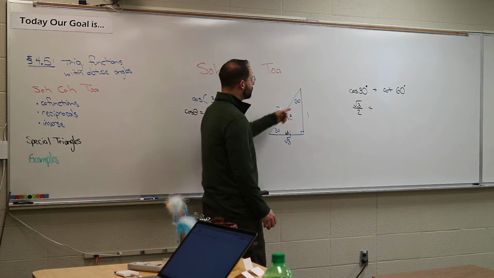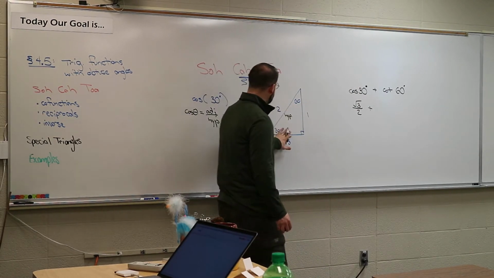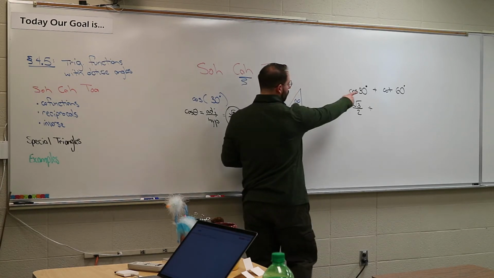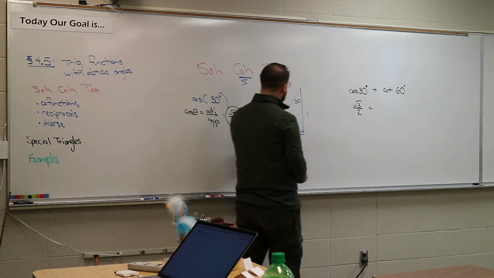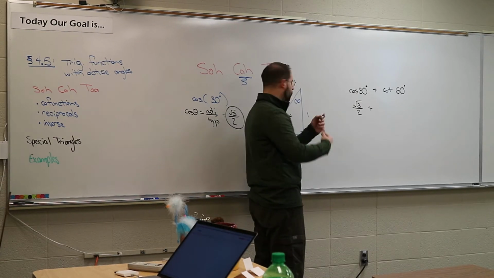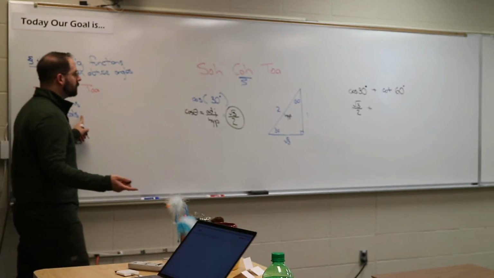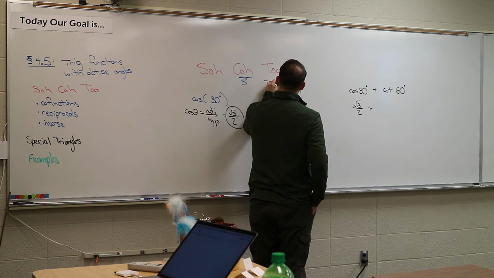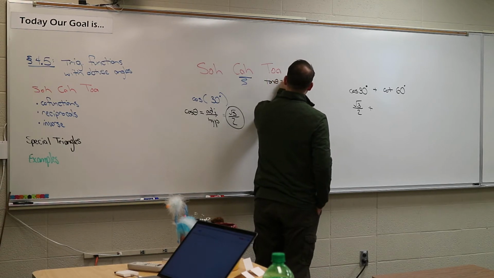Well, for the cotangent of 60, you have to look at the labels now. Cotangent is the reciprocal function, the reciprocal of tangent. Tangent of an angle is opposite over adjacent.